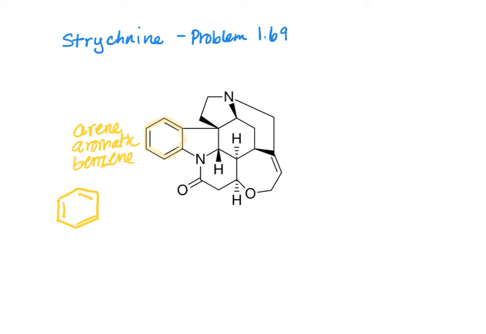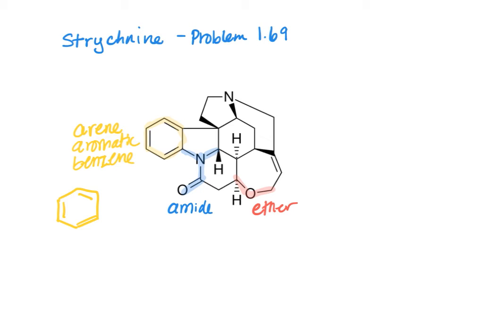Now let's look over here. We have this nitrogen bonded to a carbonyl. This functional group will be your amide. Then let's come over here to this oxygen. It is an oxygen bonded to 2 carbons, so that will be an ether.